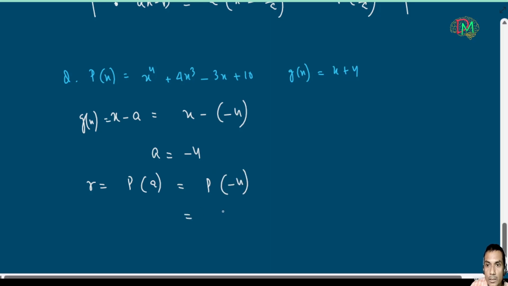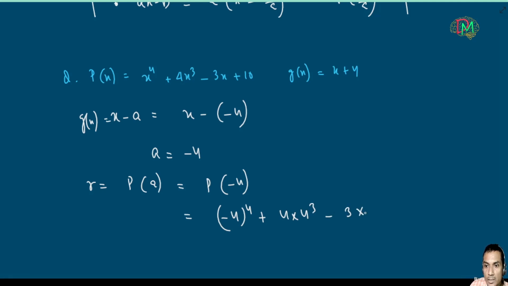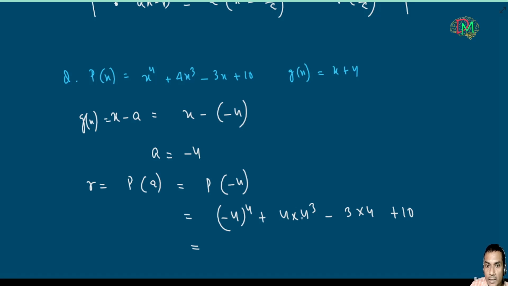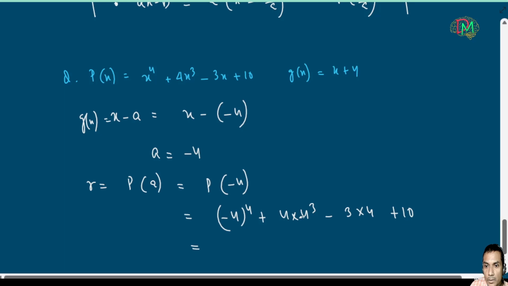Then we get minus 4 to the power 4 plus 4 into minus 4 cube minus 3 into minus 4 plus 10.